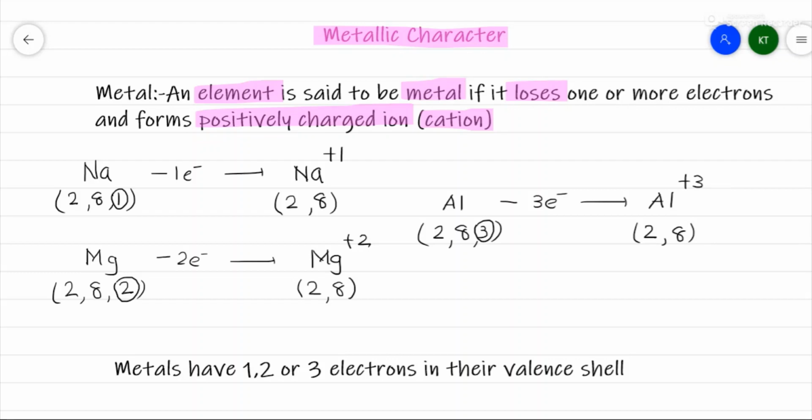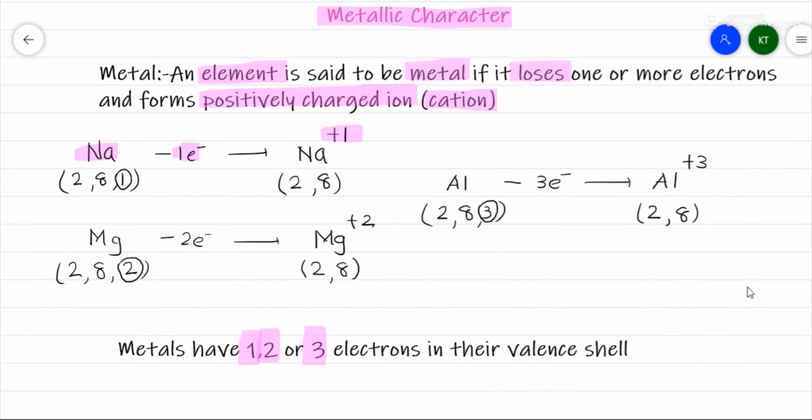So here I can see an element shows a tendency to lose electrons and gets converted into a positively charged ion. That's what we call a metal. Now in general, we can predict metals will have 1, 2 or 3 electrons in their valence shell.